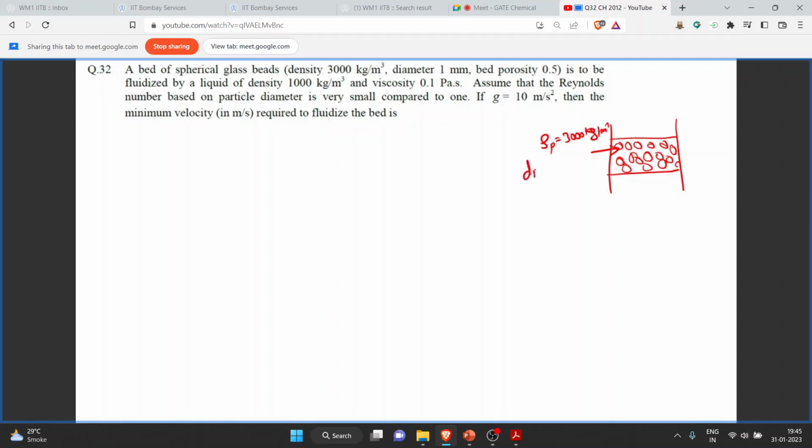The diameter of the particle is 1 mm, that is 10 raised to minus 3 meters. And the bed porosity epsilon is 0.5. This is to be fluidized by a liquid of density 1000 kg per meter cube, and the viscosity mu is 0.1 pascal second.